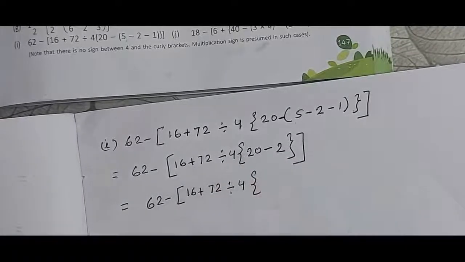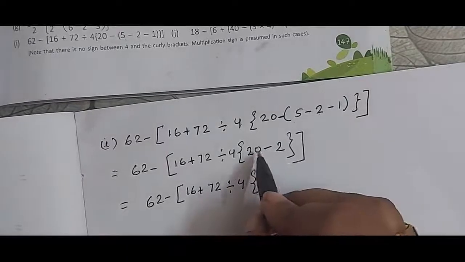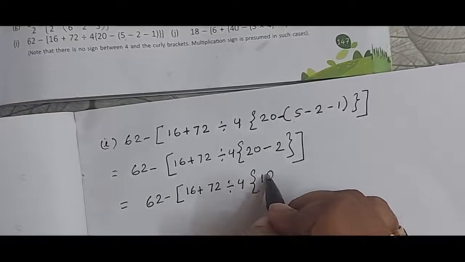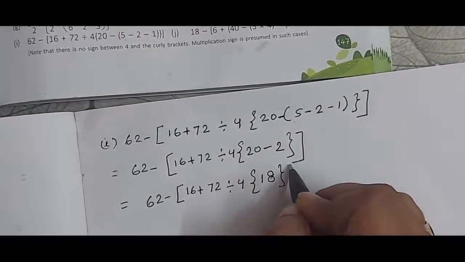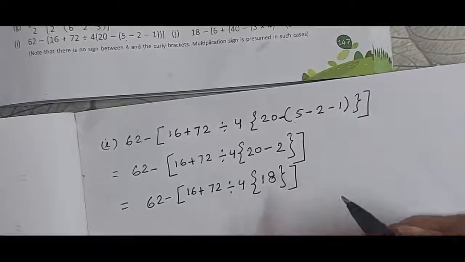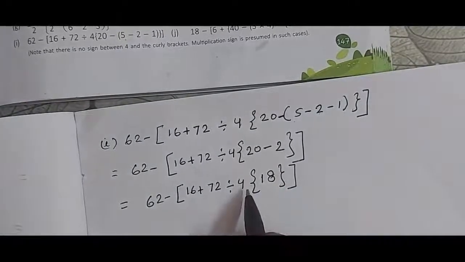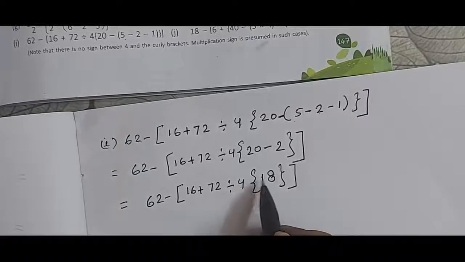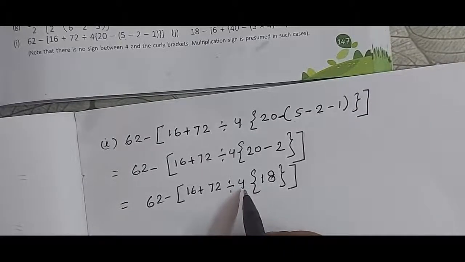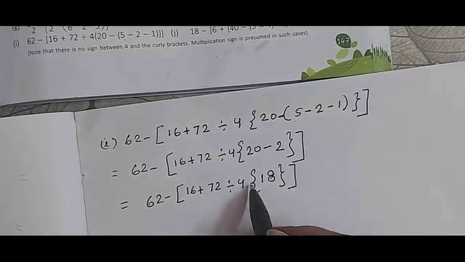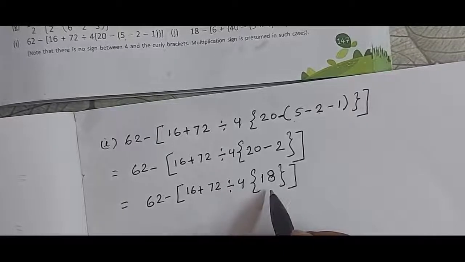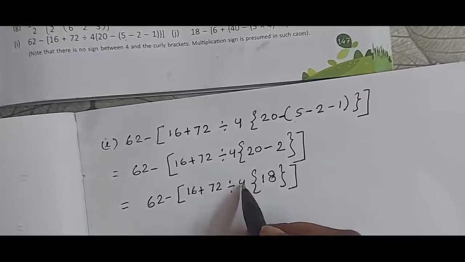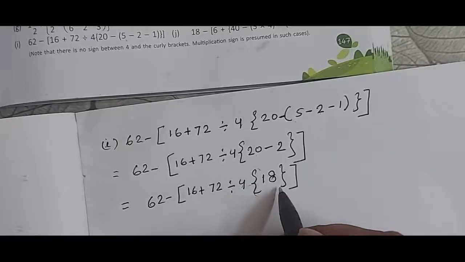See, that I will tell you in the next step. You see, first solve 20 minus 2, that is 18. Close the curly bracket, close the square bracket. Here you see at this position, between 4 and 18 there is no operation like addition or subtraction or division, nothing is there. It's just a 4 and then the curly bracket has started.